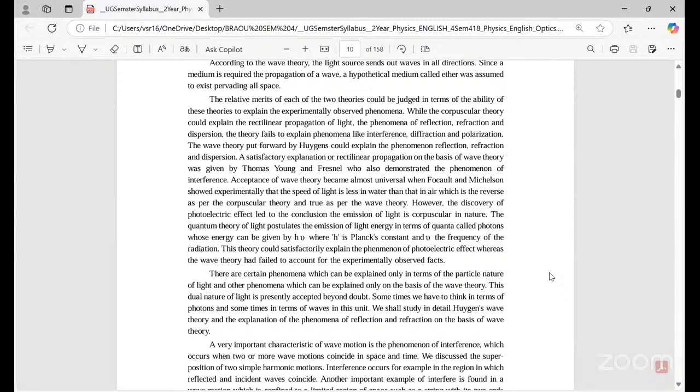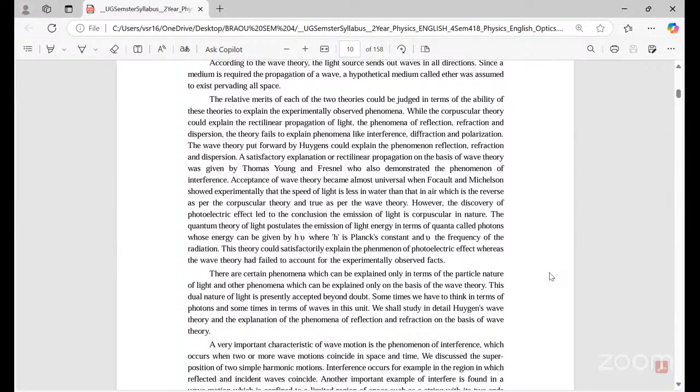Next, there are relative merits of each of these two theories, Newton's corpuscular theory and the Huygens wave theory. The corpuscular theory could explain the rectilinear propagation of light and the phenomena of reflection, refraction, and dispersion, but it fails to explain the phenomena of interference, diffraction, and polarization.